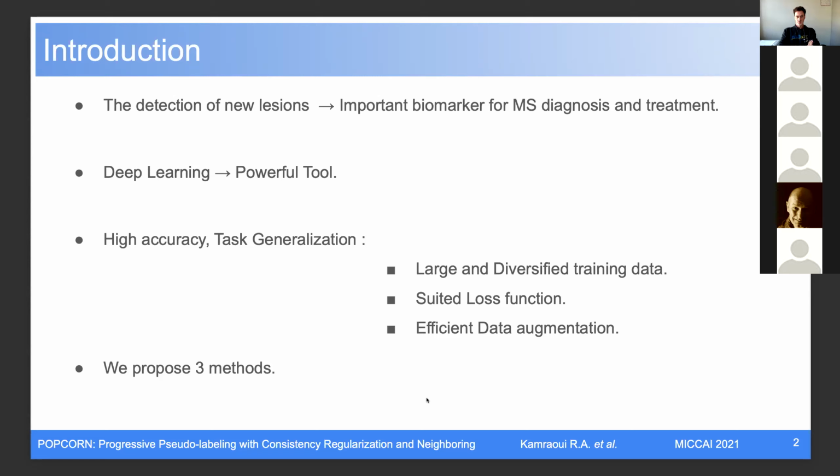And third, for a robust performance and to avoid overfitting, these methods should be trained with an efficient data augmentation scheme. For this challenge, we propose 3 methods. In each of them, we highlight separately one of the previous key points in the design of a proper deep learning-based method for new lesion segmentation.